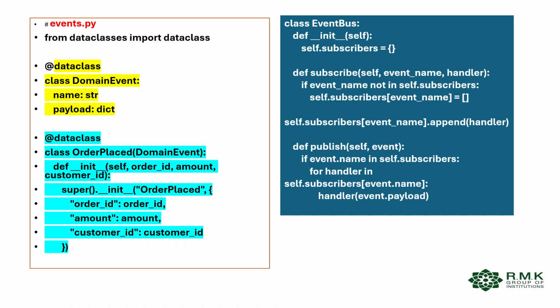Next, coming to the event bus, under the event bus also I initialize with a self variable. Whoever the subscribers are, everyone is stored here. Then I define the subscribe method, passing variables self, event name, and handler. If the event name is not in self.subscribers, then the subscriber event name is initialized as an array. I append to self.subscribers the event name, and at last I publish the events.